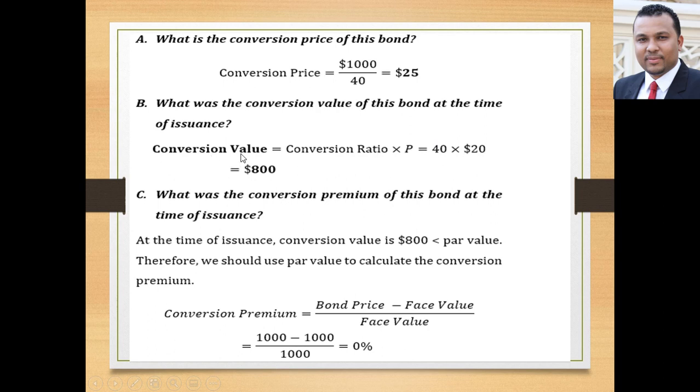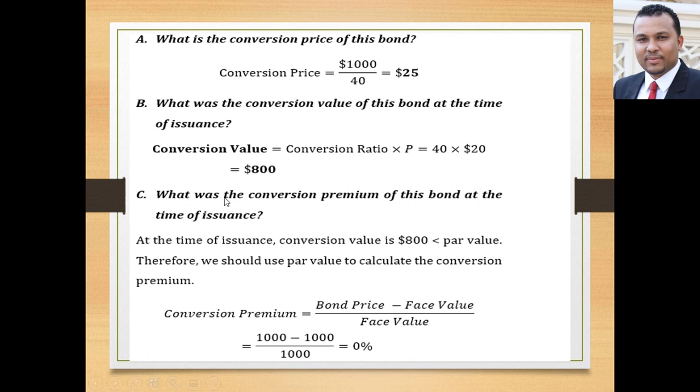So the conversion value equals the conversion ratio, 40 common shares, multiplied by the price of common stock in the market, $20. So the conversion value equals $800. We know that the conversion value at the time of issuance equals $800, but the face value equals $1,000.